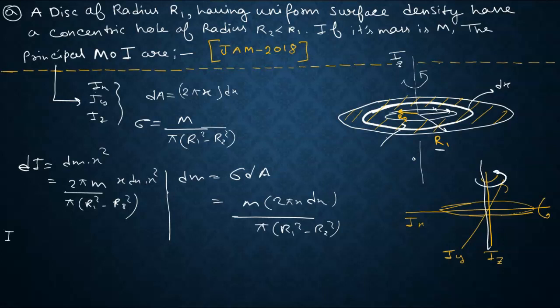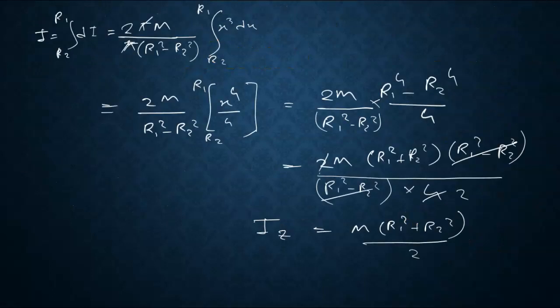This we have found with the perpendicular axis with the plane of the disk. So we have to find Ix, Iy and Iz also. So to find Ix and Iy, let's say this is our ring.